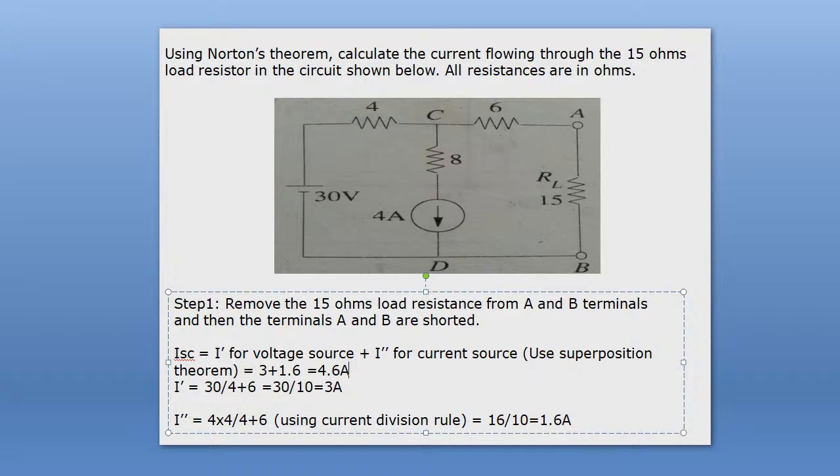So current is equal, not, okay, I had made a mistake. You see, 3 ampere current is flowing through this path towards clockwise direction, but 1.6 in anti-clockwise direction, so you make it negative. So therefore you will get ultimate current equal to 1.4 ampere.